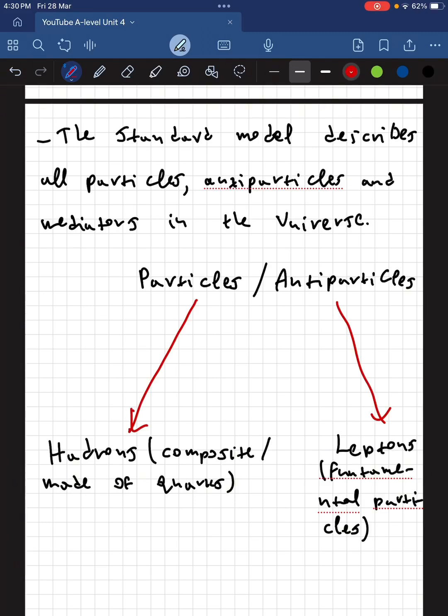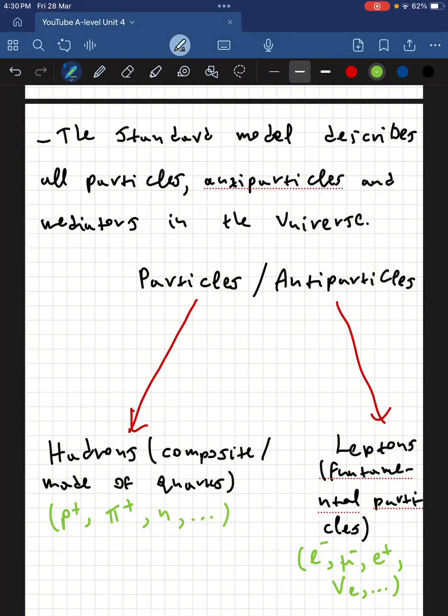So examples of leptons are the electron, the muon, we will talk about these things, the positron, the electron neutrino, etc. And examples of hadrons are the proton, the pion, the neutron, etc.